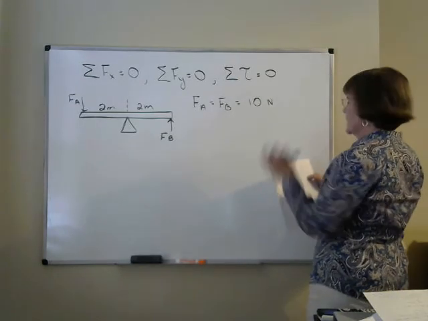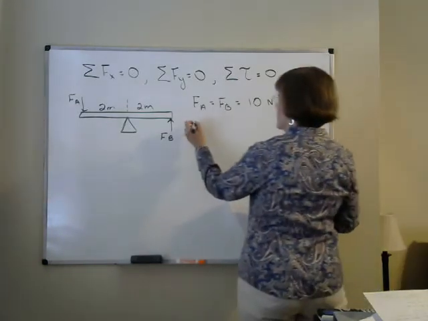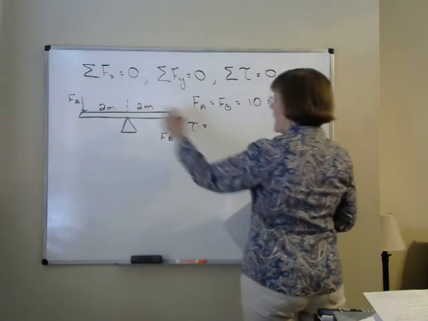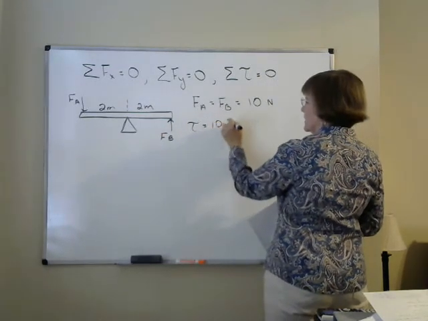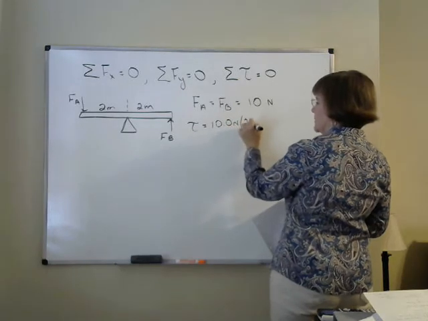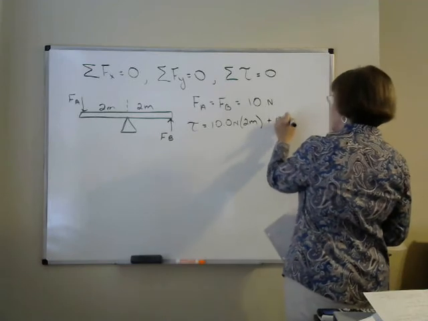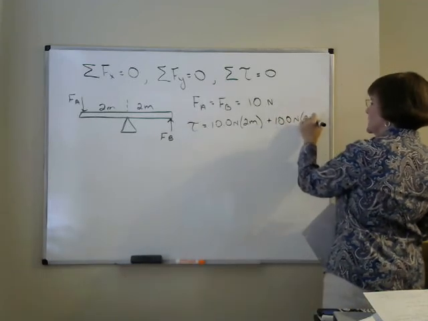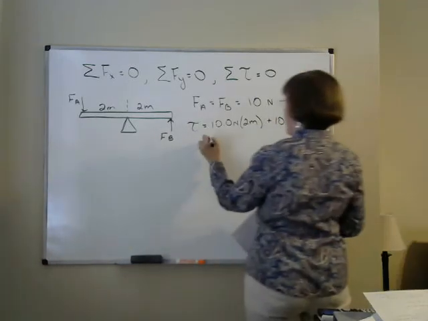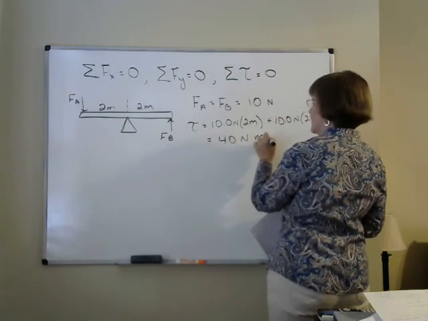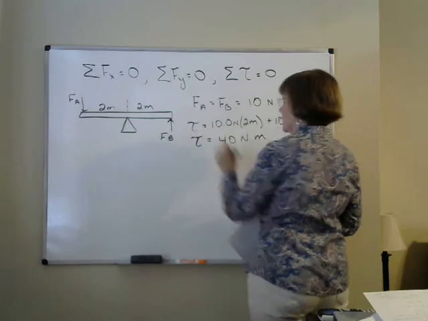In fact, let's go ahead and say that. If I said, what's the torque here? Well, the torque due to A is going to be 10 newtons times 2 meters. And the torque due to force B is also 10 newtons times 2 meters. That's 40 Newton meters of torque.